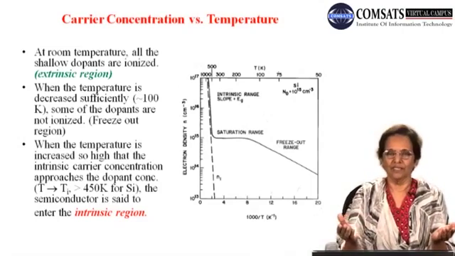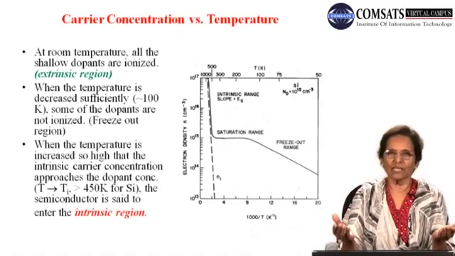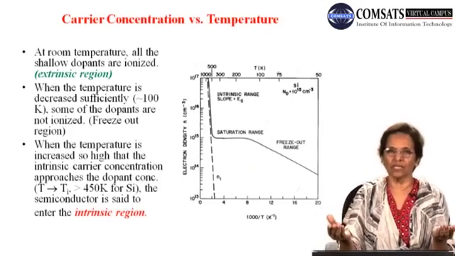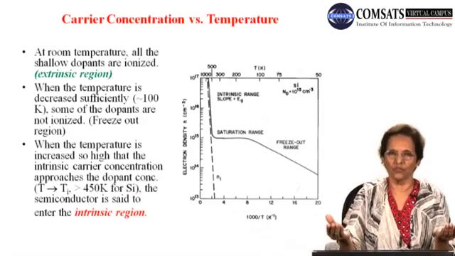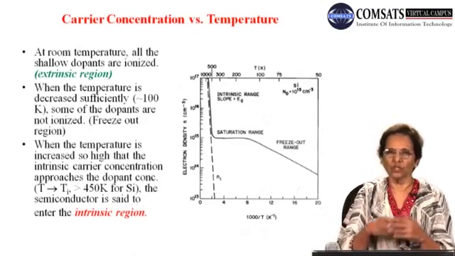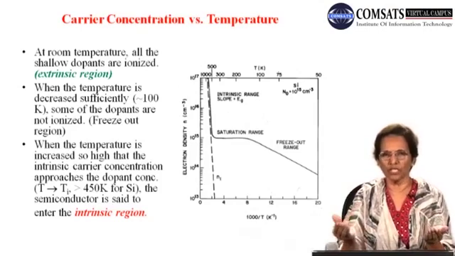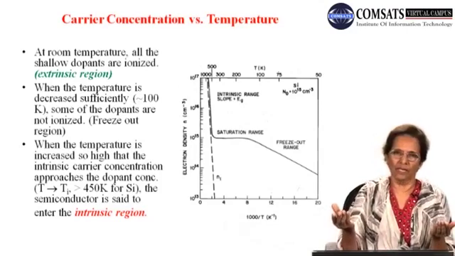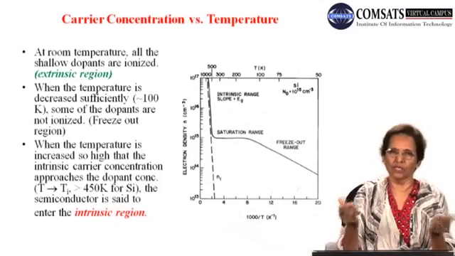So the interesting observation is that your doped material, your extrinsic material, at high temperatures starts to show an intrinsic behavior. And there is another mechanism, counter doping, in which your previously doped material also starts to behave as an intrinsic material.